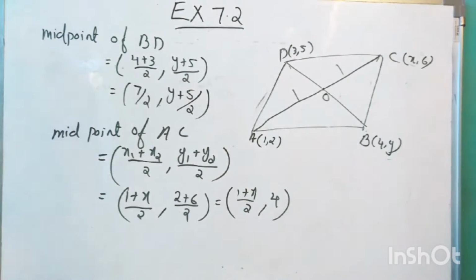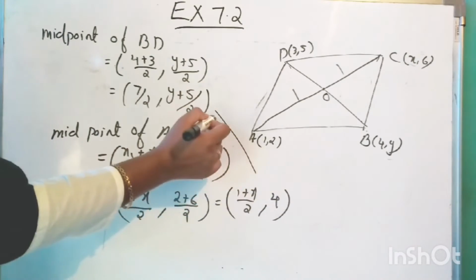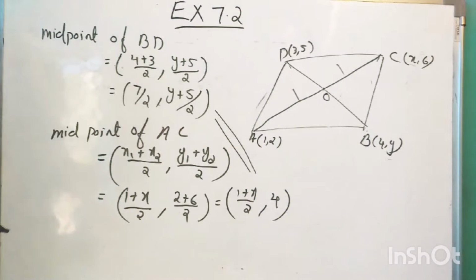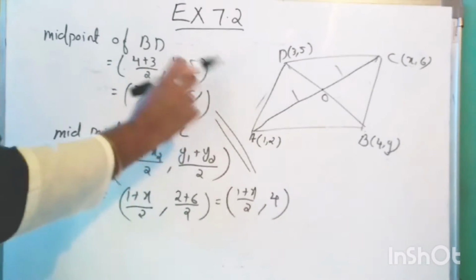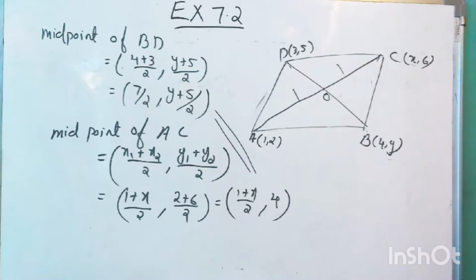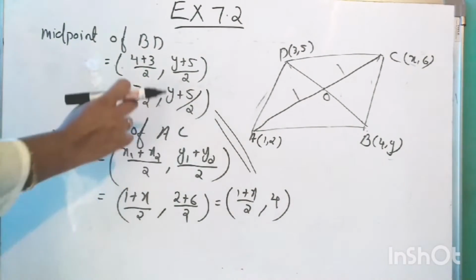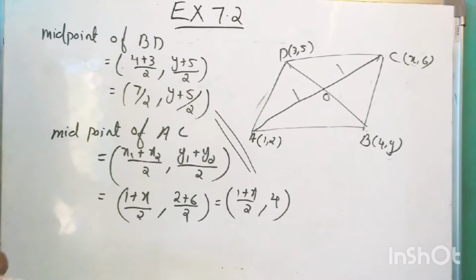Since this midpoint is the same for the diagonals BD and AC, these two coordinates are the same, because this is the coordinate of O and this is also the coordinate of O. So the x coordinates are equal and the y coordinates are also equal.